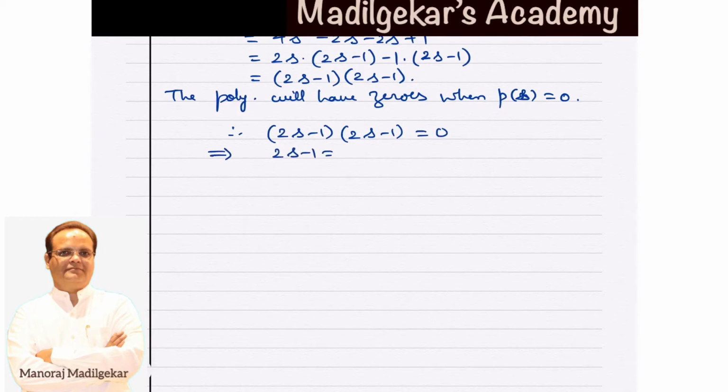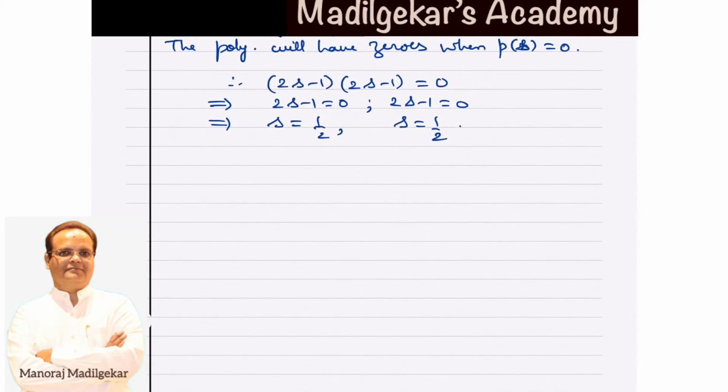So 2s minus 1 equals to 0. Again 2s minus 1 equals to 0. Both give the same value, 1 by 2, 1 by 2. So these are the zeros of the polynomial. Let us denote them by alpha and beta.